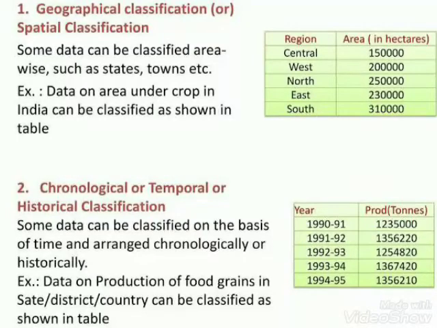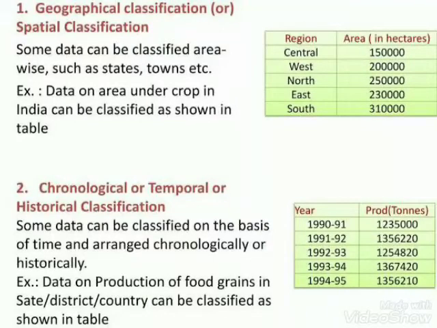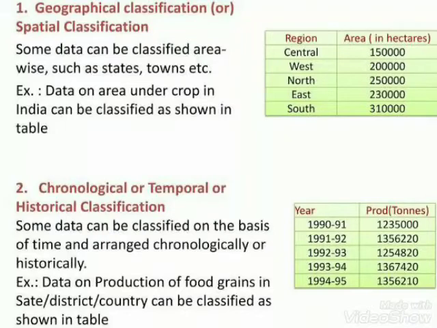So children, over here I have given an example based on data of the area under crop production, where on one side I have given you the area of the country, that is central India, or let's say western India, northern India, eastern India, and southern India.